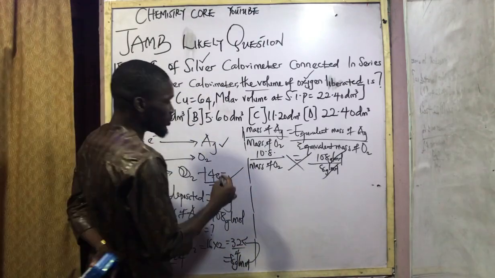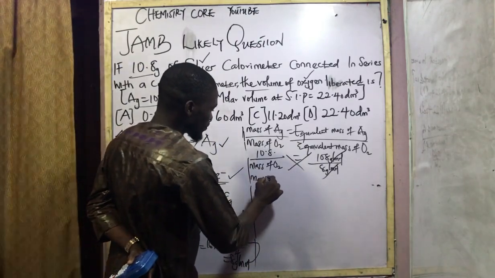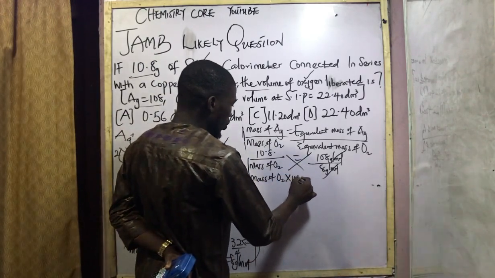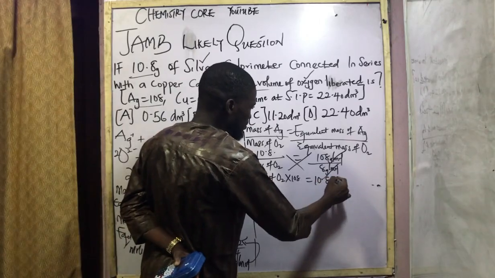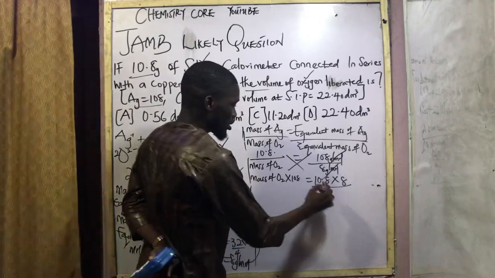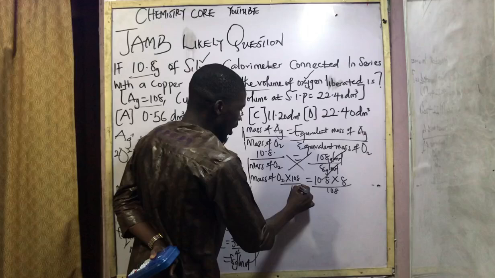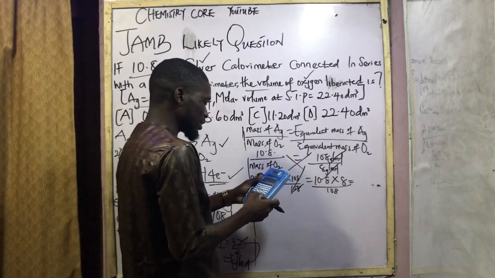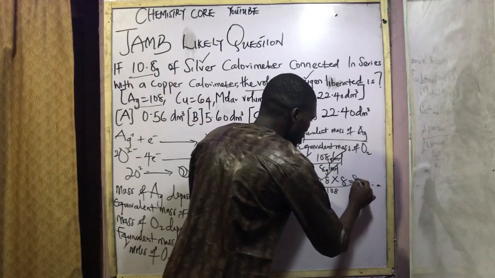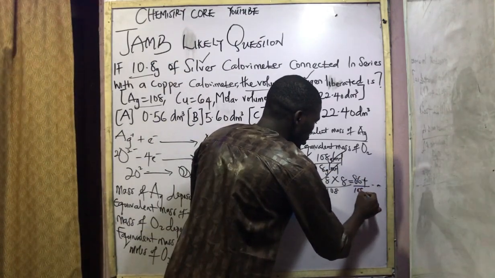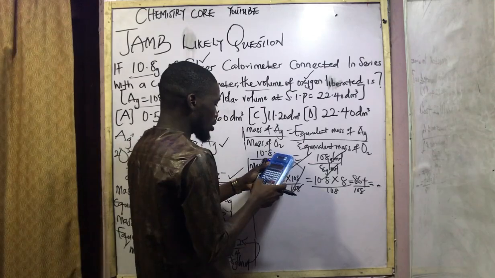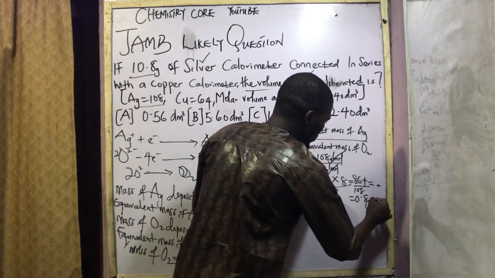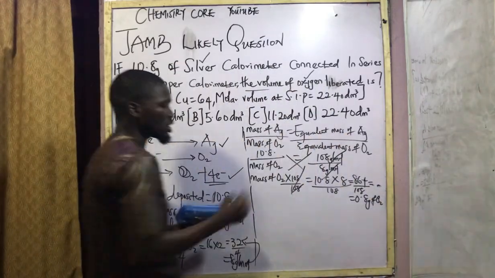The moment you cross multiply, we can say mass of oxygen multiplied by 108 is equal to 10.8 multiplied by 8. 10.8 times 8 will give us 86.4, divided by 108. We have 0.8 gram of oxygen deposited.